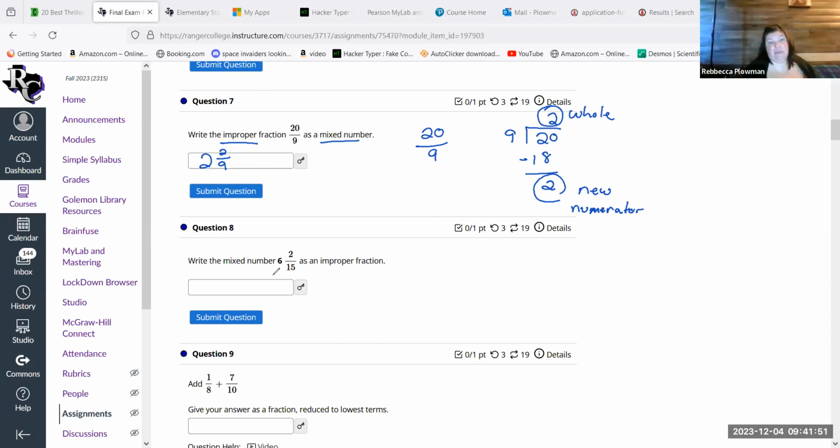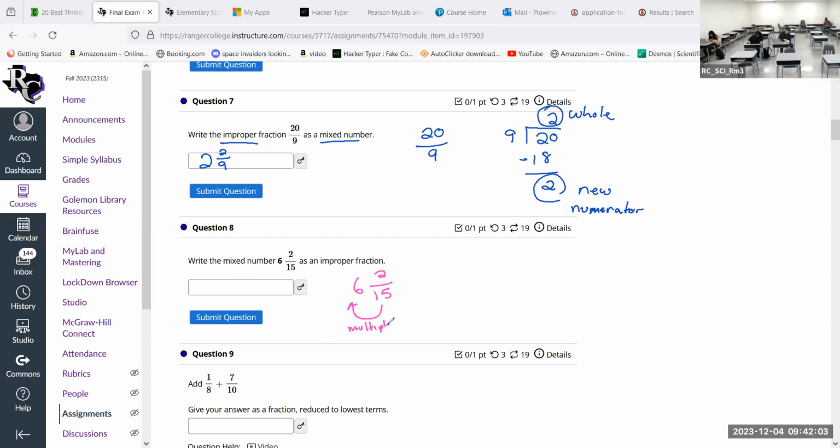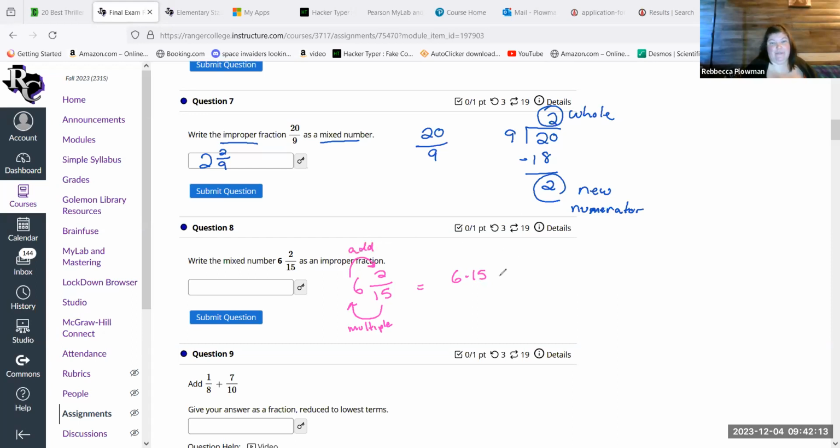When we had a mixed number and wrote it as an improper fraction, this one was a little easier because we had a method: I'm going to take this number and multiply it to this. So we're going to have the 6 times 15. And then whatever that turns out to be, we add it to the 2 on the top.